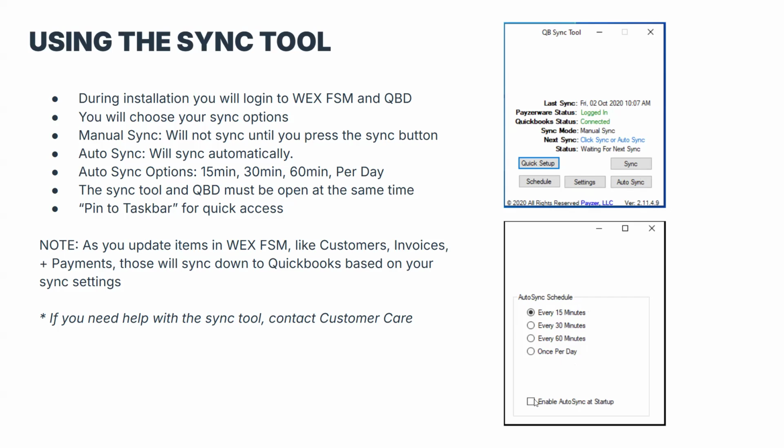You also have the option to enable auto sync at startup. If you turn your computer completely off at the end of the day, when you turn it back on and your system is booting up, if you have enable auto sync at startup, it will automatically turn on your sync tool and begin the syncing process.